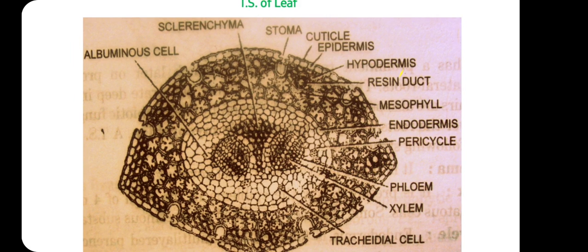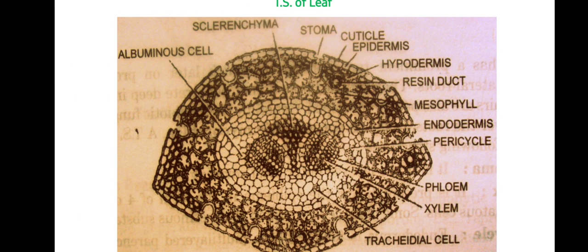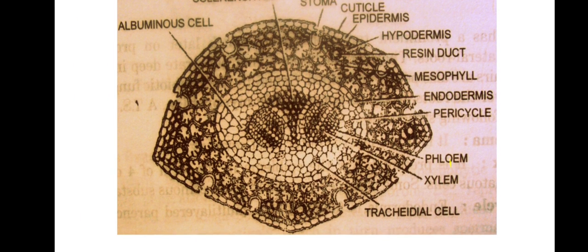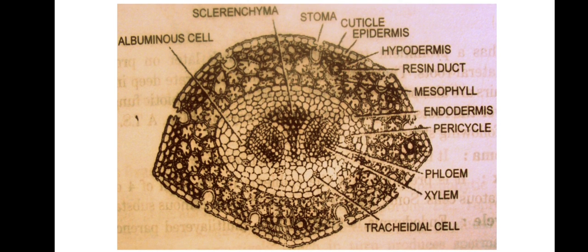The importance of this internal structure is that it shows xerophytic characters. So we will see what are the xerophytic characters observed in this internal structure. First, the needle-like leaves, morphologically they show a needle-like appearance, and the presence of a thick cuticle.